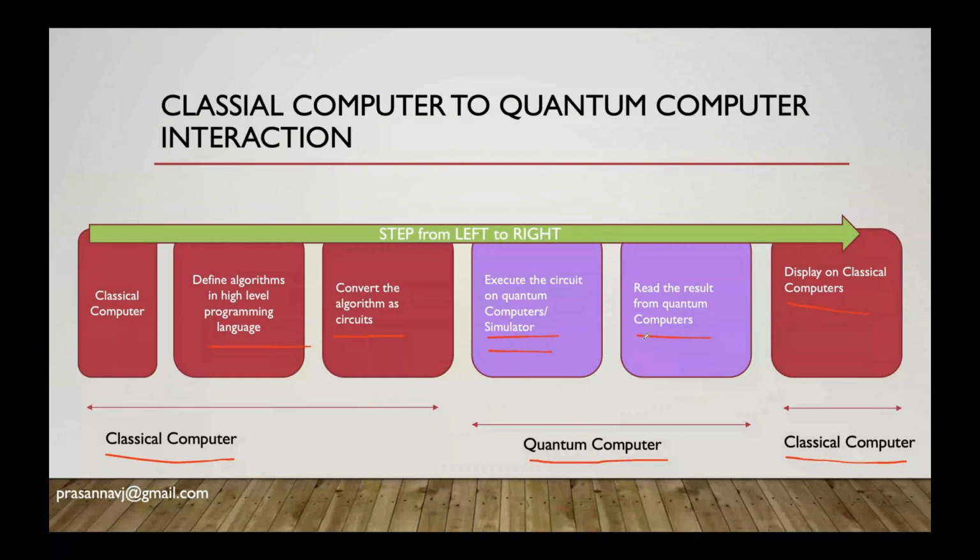So at any point in time, whatever value you are reading, if you go back and read the data again, you may not get the same output. That's the beauty of quantum computers. We will see how we can actually get a proper outcome from quantum computers when we do the practicals.